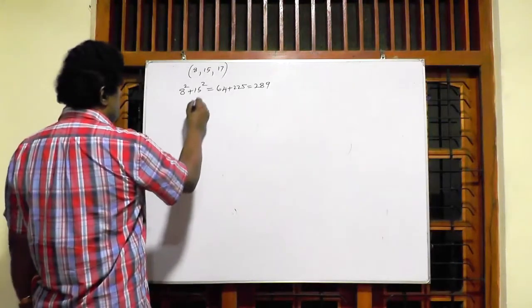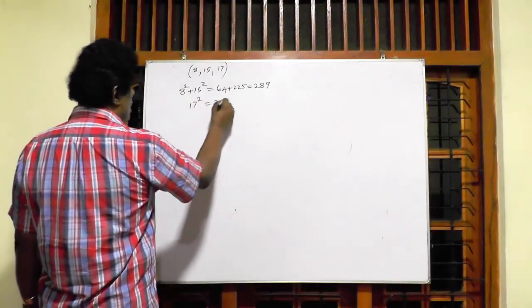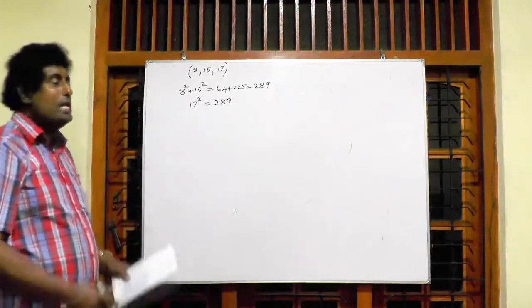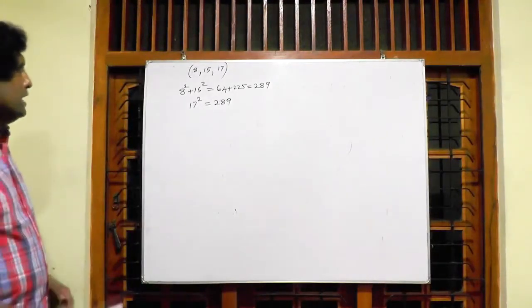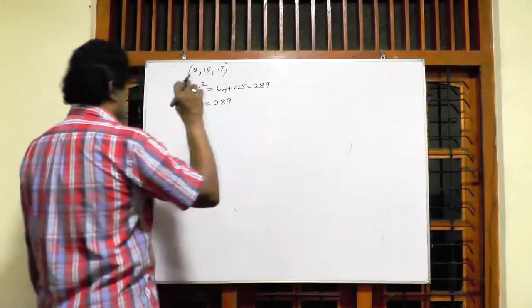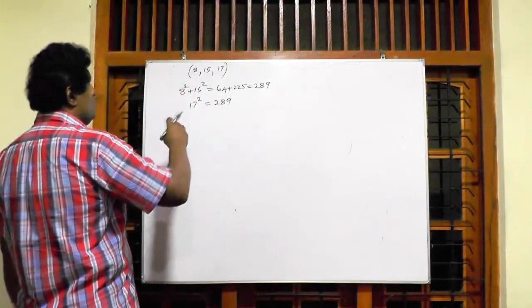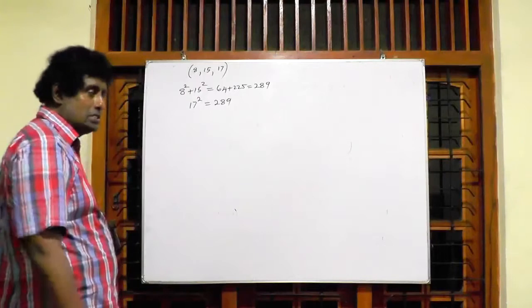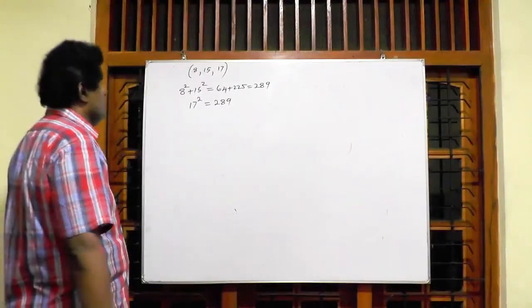Then 17 squared is 289. Now, what has happened here? The sum of the squares of 8 and 15 is equal to the square of 17.